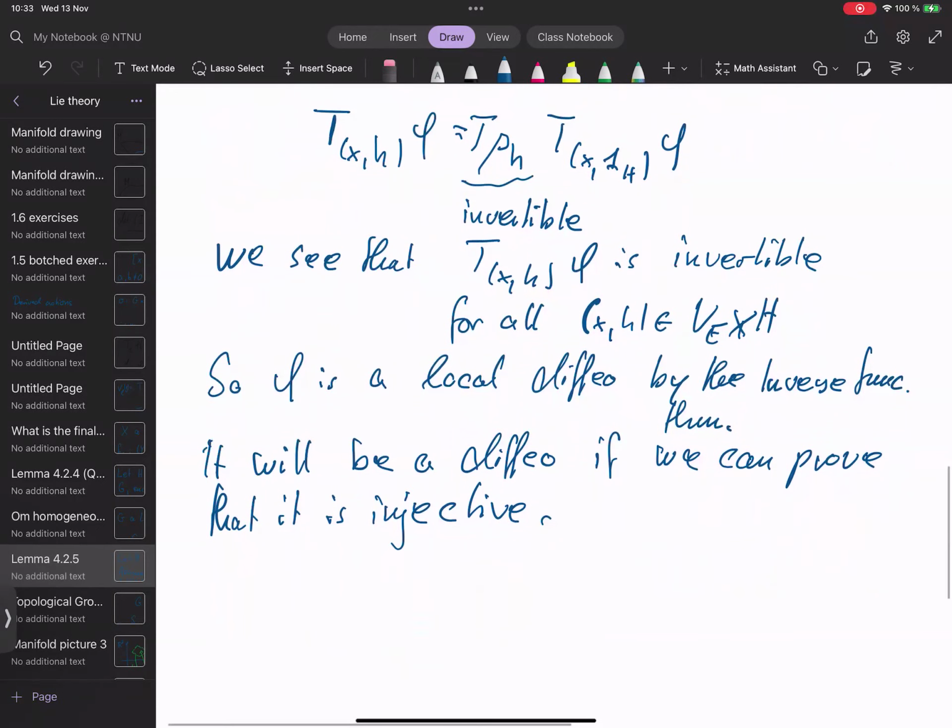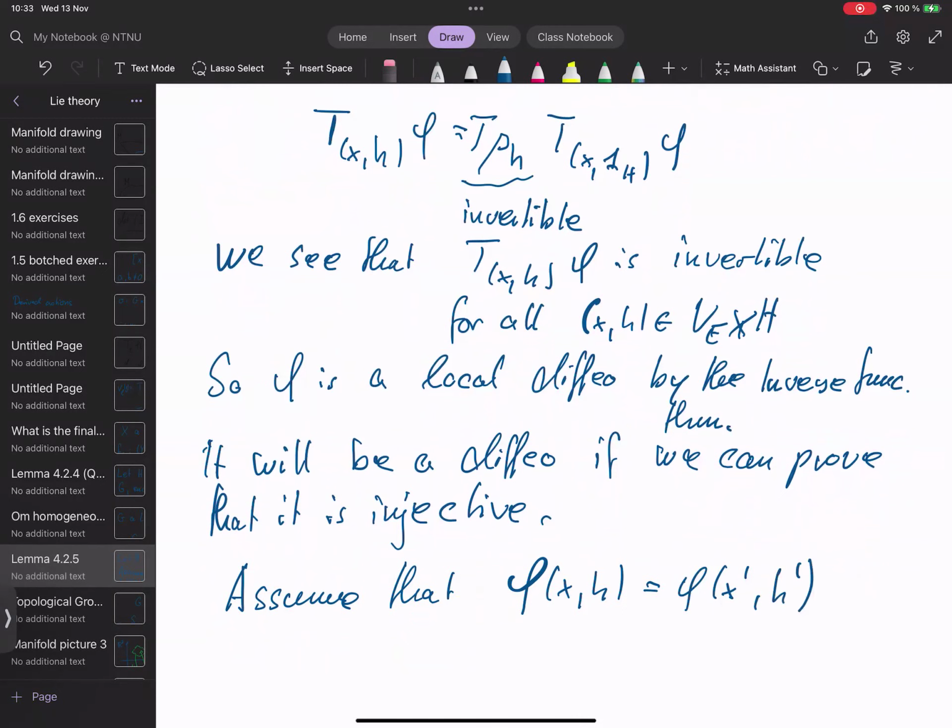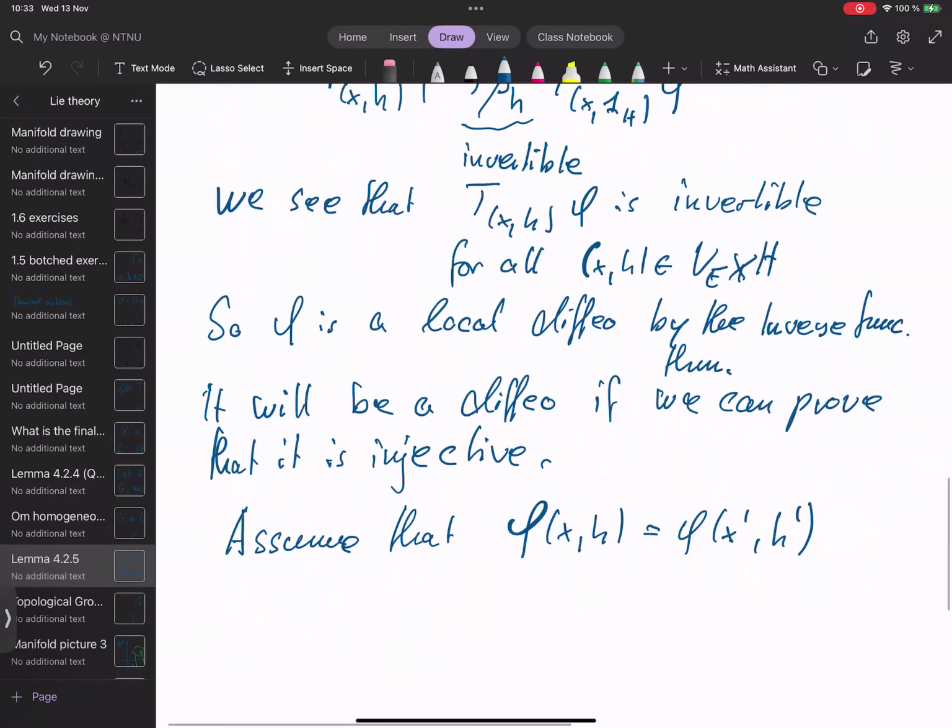Okay. So let us assume that phi of (x,h) is actually the same as phi of (x',h'). Let's see what this brings to the table. What is this? This is exp_G of x times h, and this is exp_G of x' times h'.